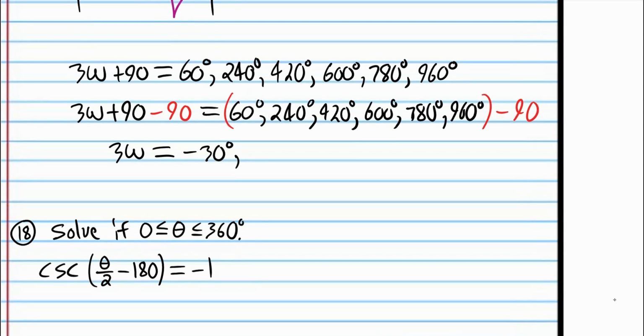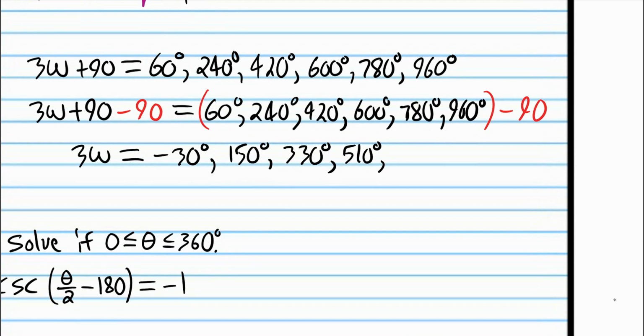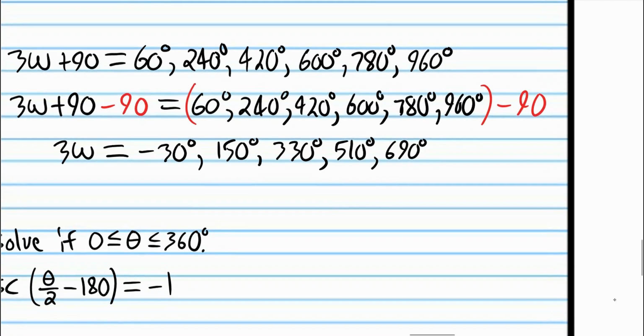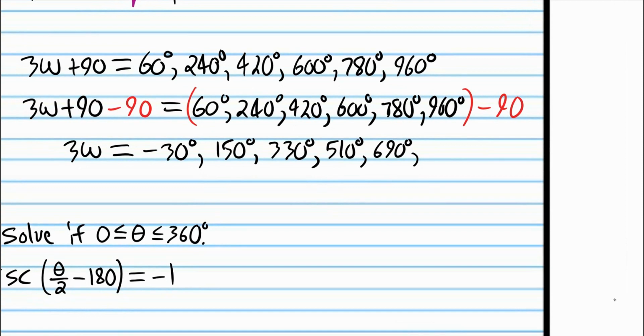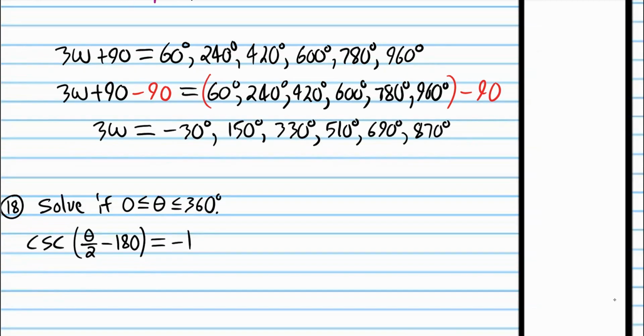And then 240 minus 90 is 150. 420 minus 90 is 330. 600 minus 90 is 510. And 780 minus 90 is 690. And 960 minus 90 is 870.